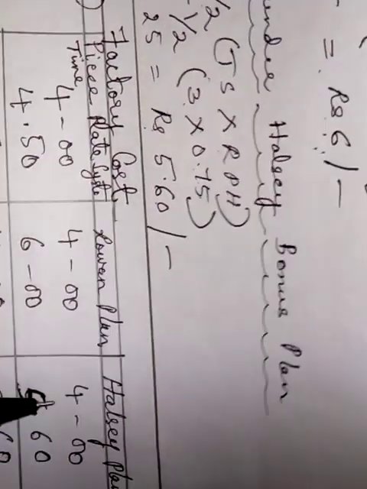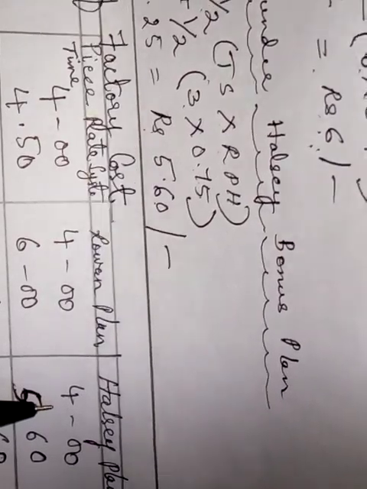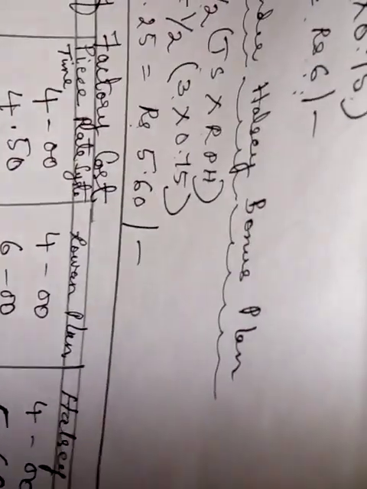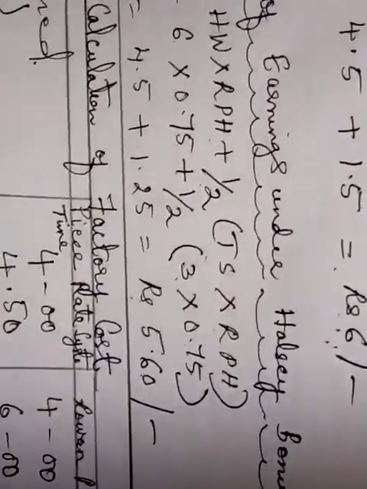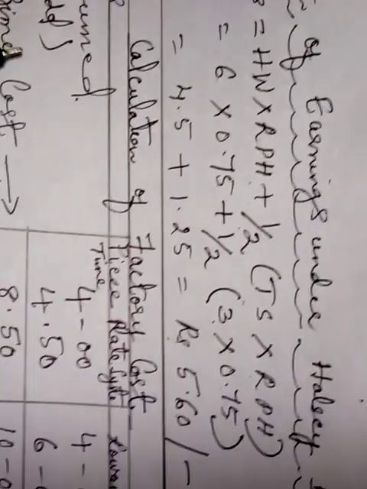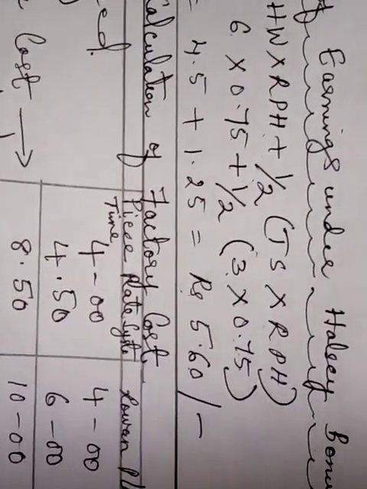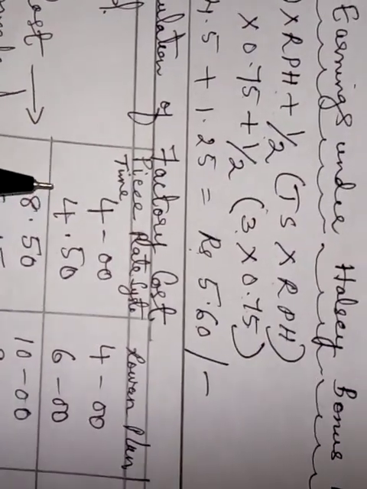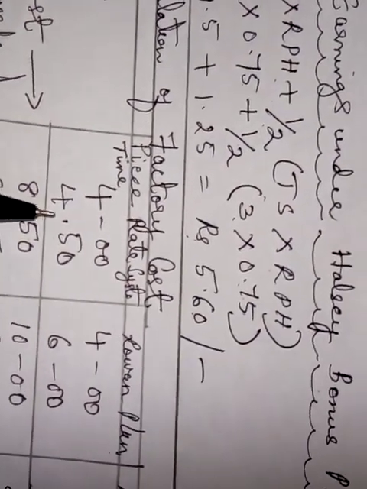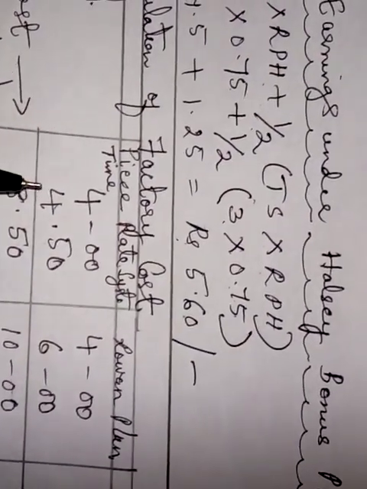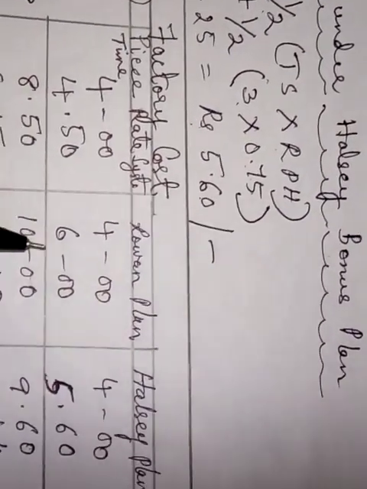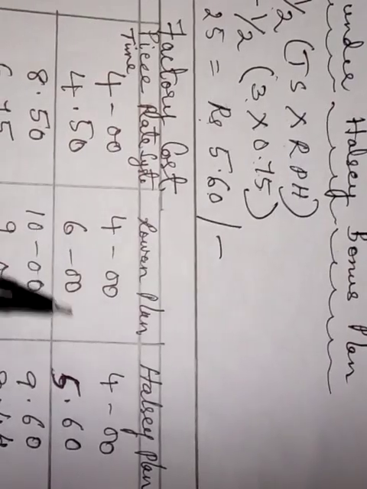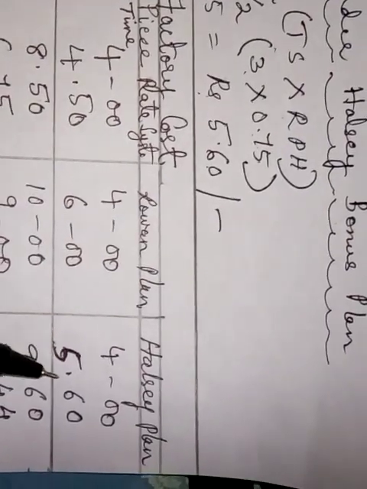The direct expenses, that is wages, should be added to material consumed. The earnings calculated under the various methods are shown as wages. So wages under the time rate system is 4.5, under Rowan's plan is 6 rupees, under Halsey plan is 5.6.